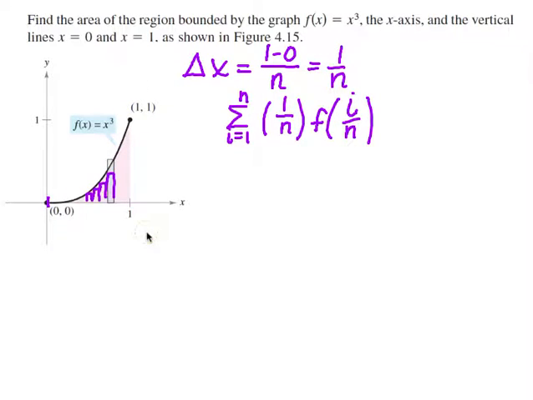Okay, let's look at that again. If I'm at 1, and I want to find the rectangle above, my height of my rectangle is going to go all the way up to this value, and then it's going to go to the left. So it really has nothing to do with that little rectangle right there.